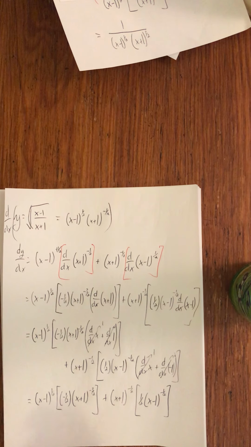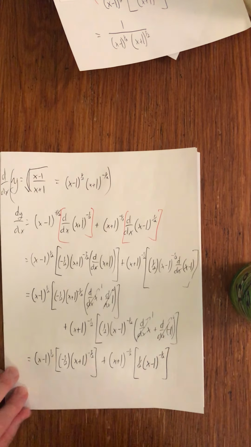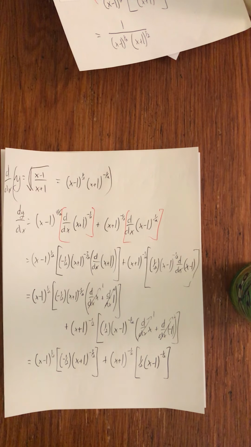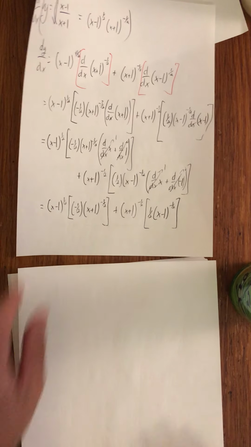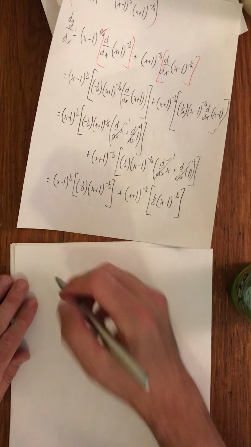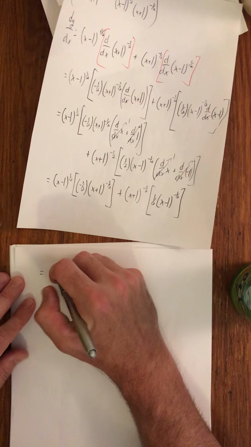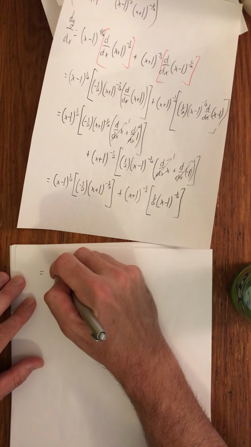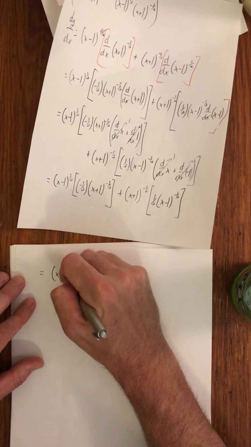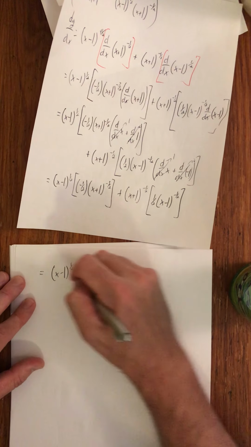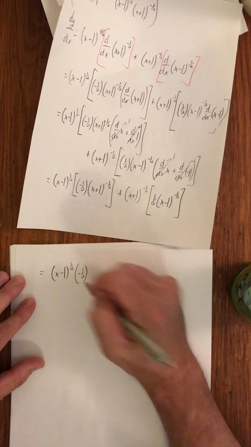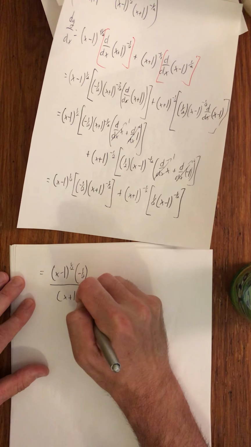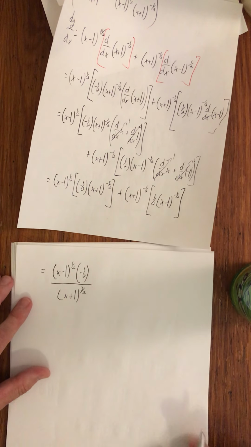I'm going to just get rid of the negative exponent just to show it comes out to the same thing, because technically I'm done since all the derivatives are gone, and that would be totally acceptable as an answer. But just to show that this comes out to the same thing, I've got equals x minus 1 to the 1/2 times negative 1/2 over x plus 1 to the 3/2.